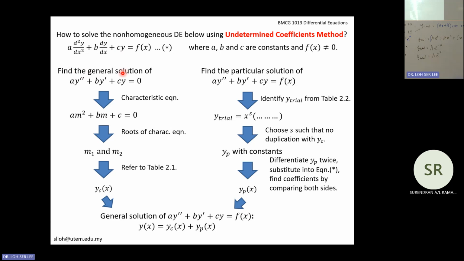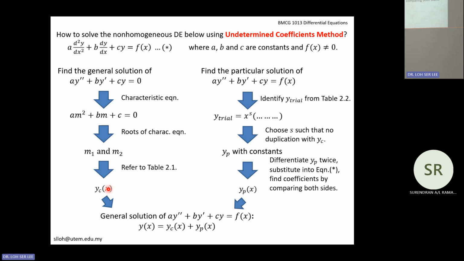Then we will start to get the yc first. You let the right-hand side function be 0. Then find the characteristic equation, then factorize, get your m1, m2. Then obtain your yc according to the case, which case you get from here, the 3 different cases.